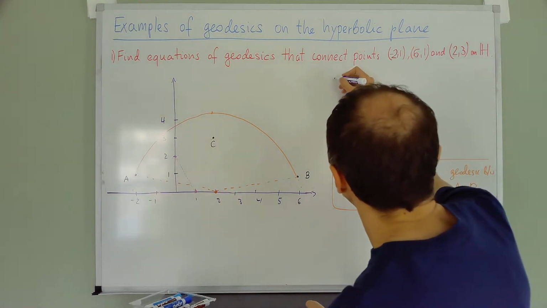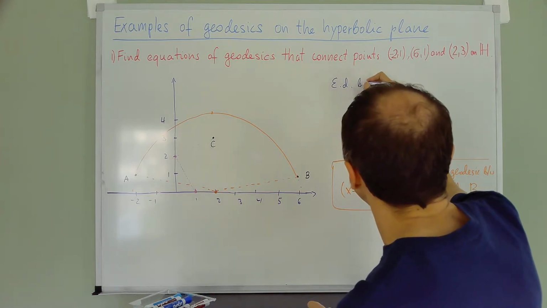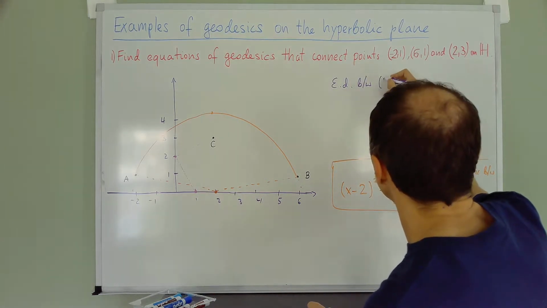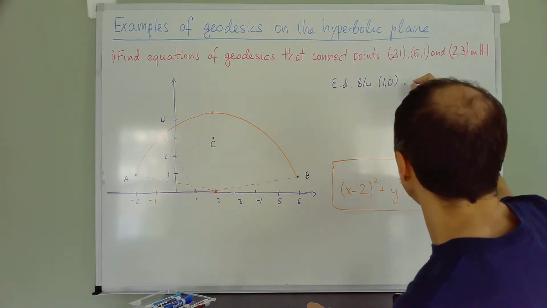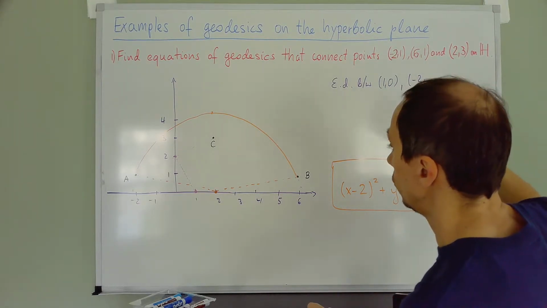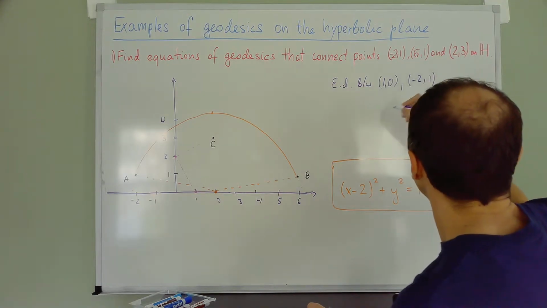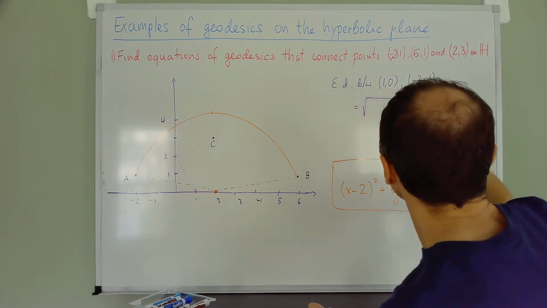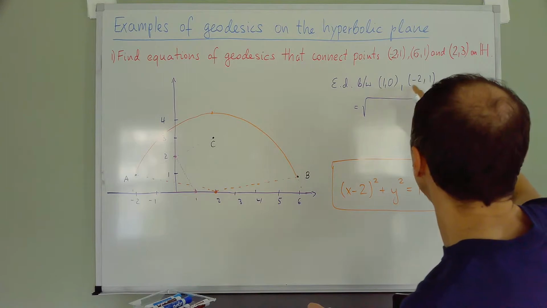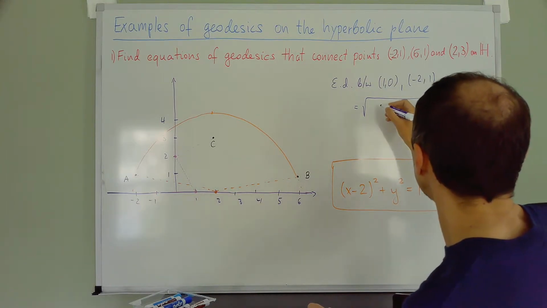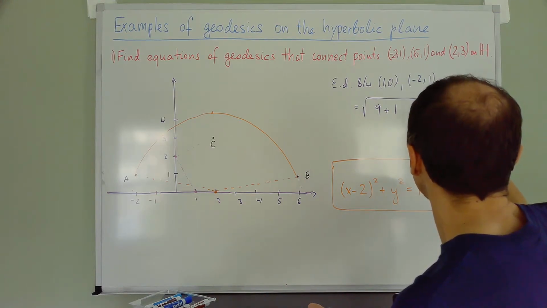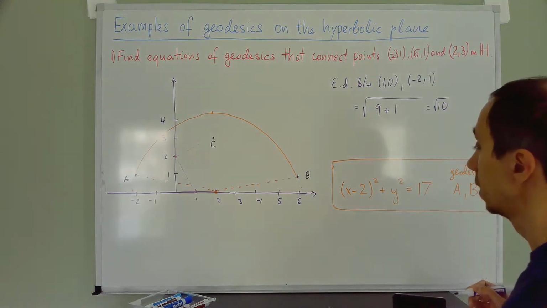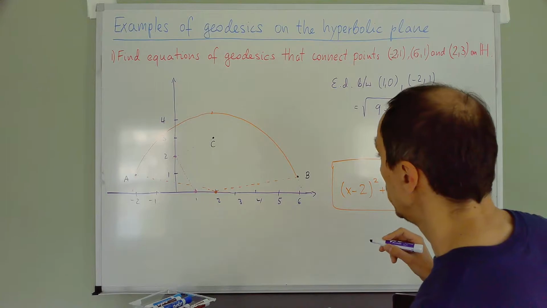I need the Euclidean distance between the center, 1, 0, and A, which is -2, 1. That's the same thing as before. 1 minus -2 is 3, 3 squared is 9, plus 1, so radical 10. So I get the geodesic circle between A and C.